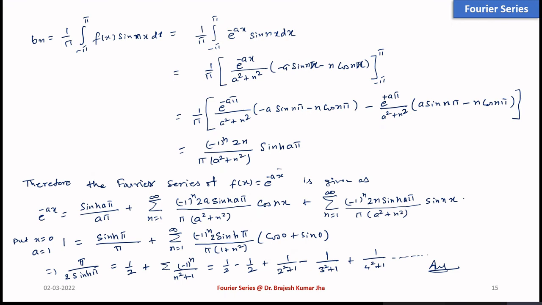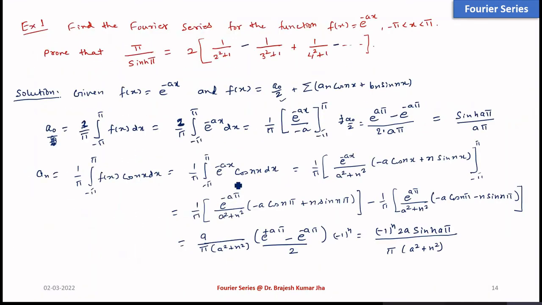So 1 by 2 will be cancelled. 1 by 2, all the terms will remain. And this 2 you can take this side, so that your answer is given with the common 2. In the solution we have taken here, so that can be interchanged.